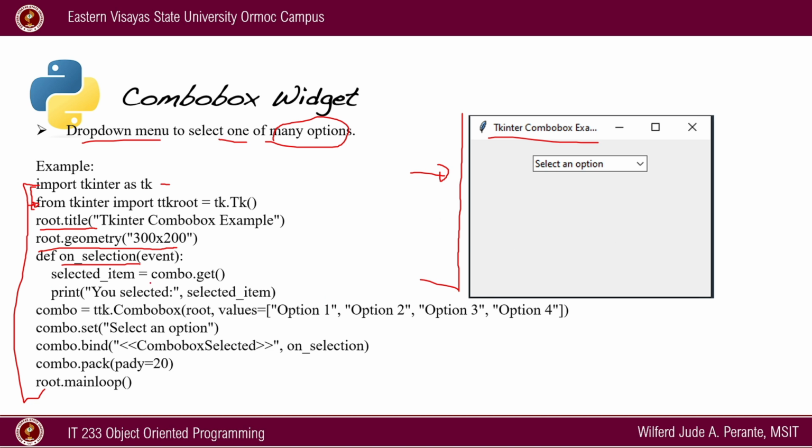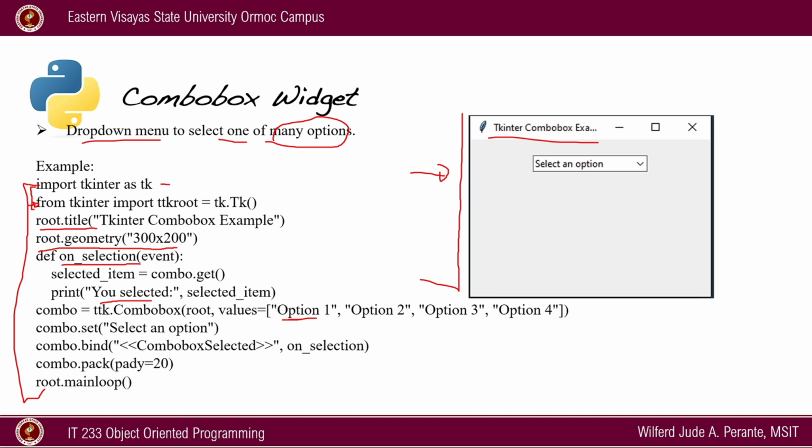So if we select option 1, the output from our command will print: you selected option 1.